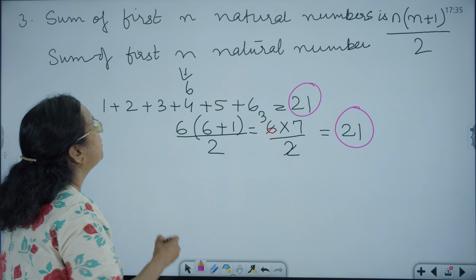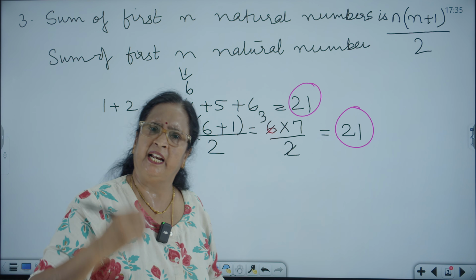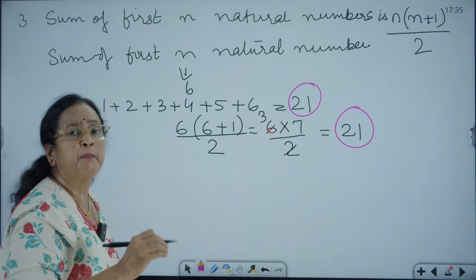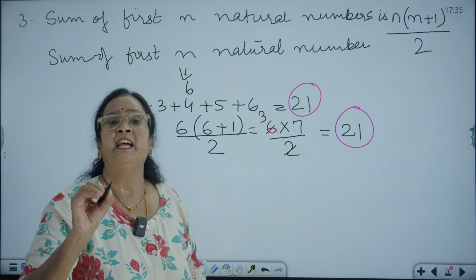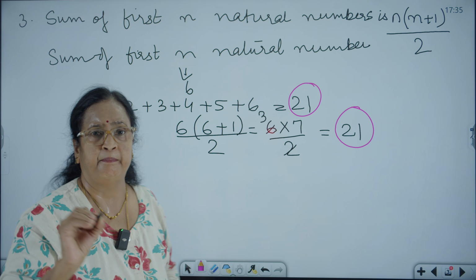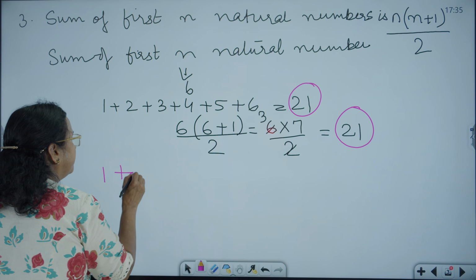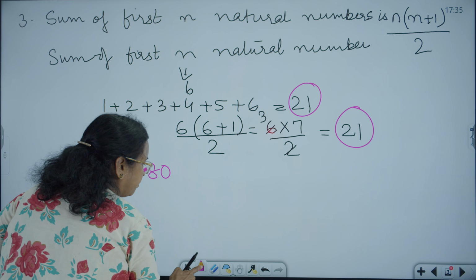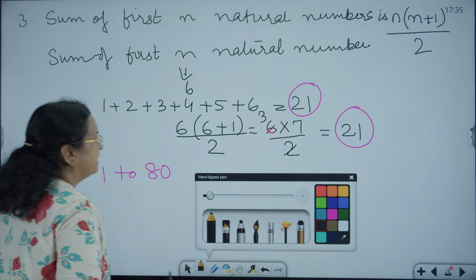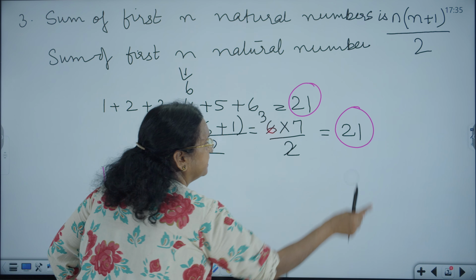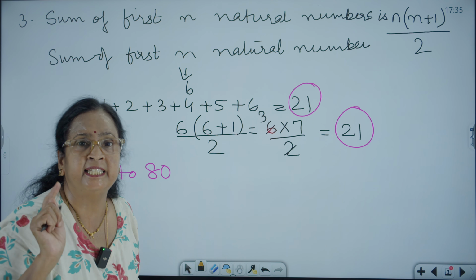Now, let me do it with larger numbers. Suppose the sum of first 80 natural numbers. First 80 means it counts from 1 to 80. Now, what is n here? n is 80.